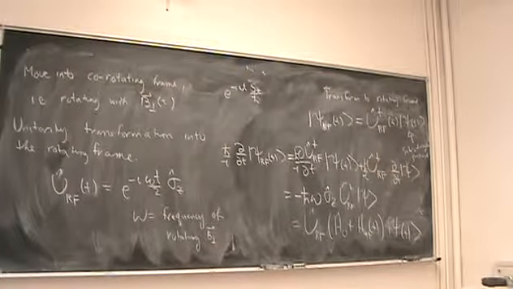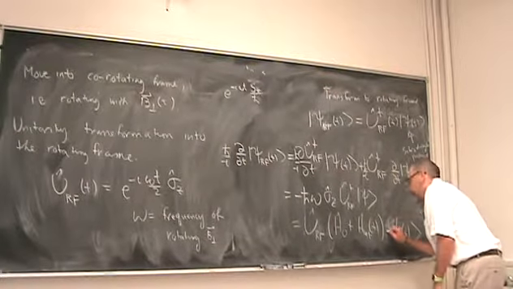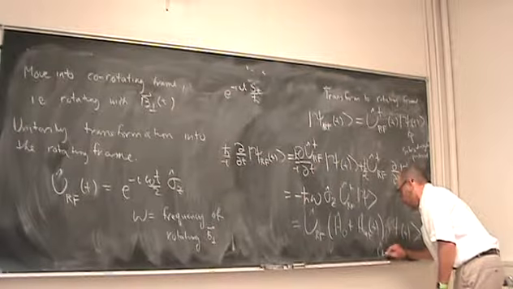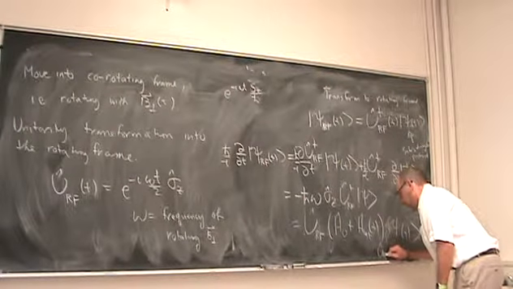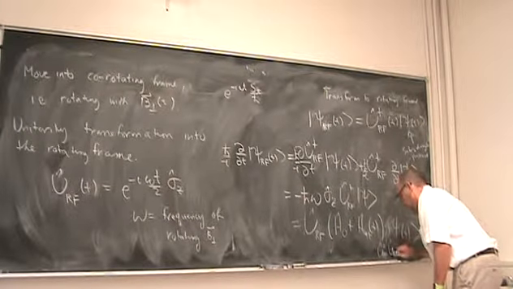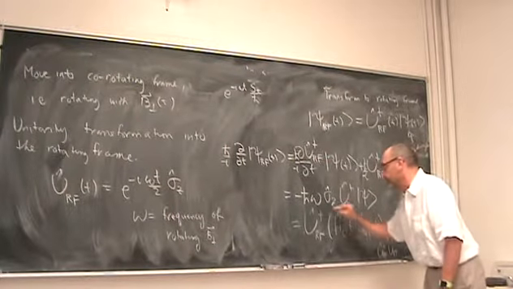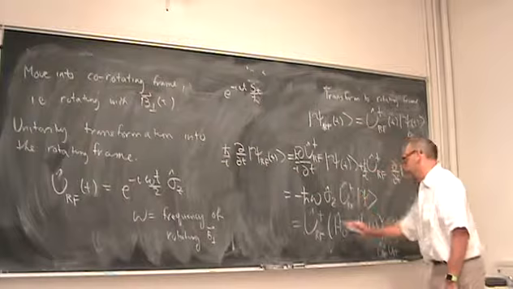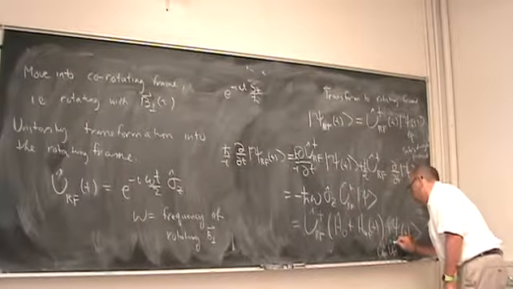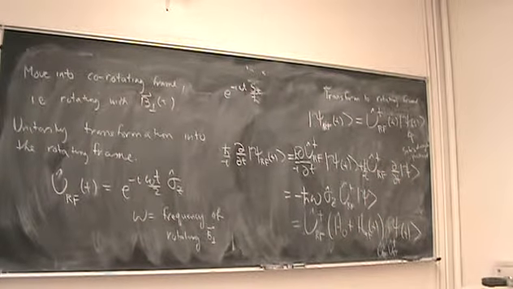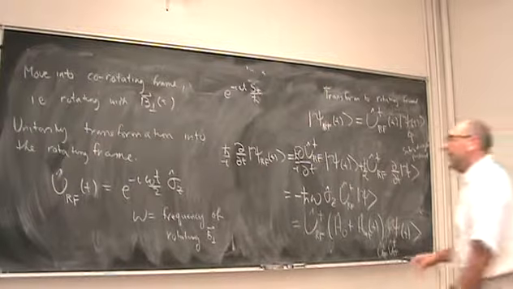So now let me multiply this by u dagger. I can always do that. I'm sorry, the other way around. This should have been a u dagger, and that's a u dagger. Put it all together, and this is what we get.